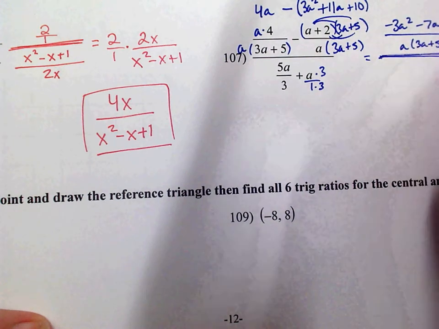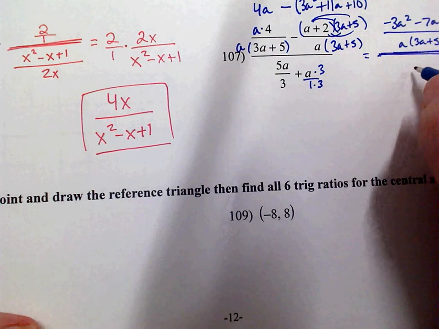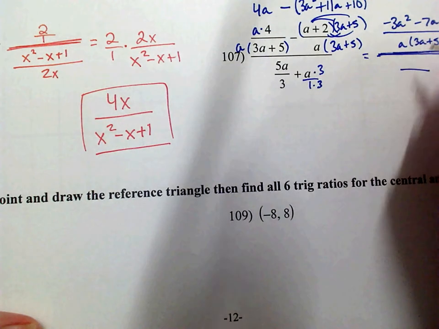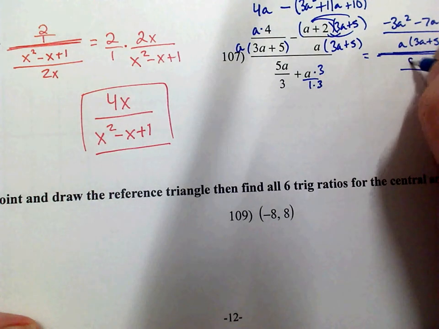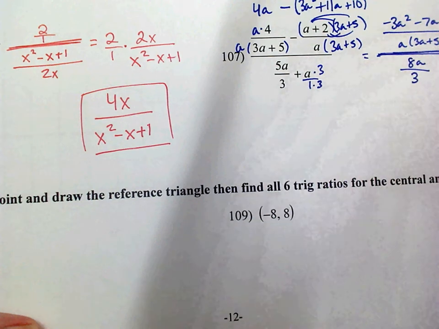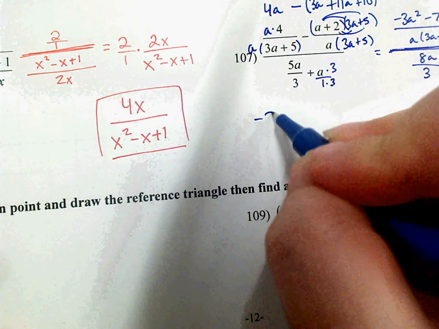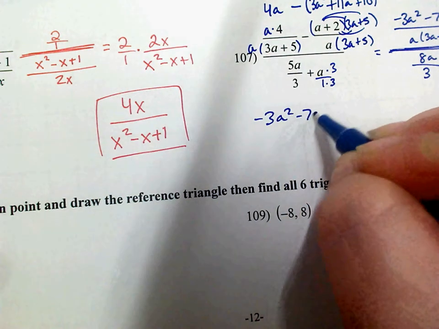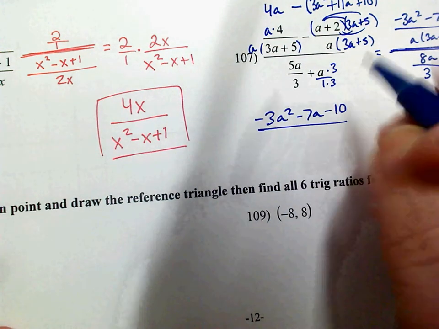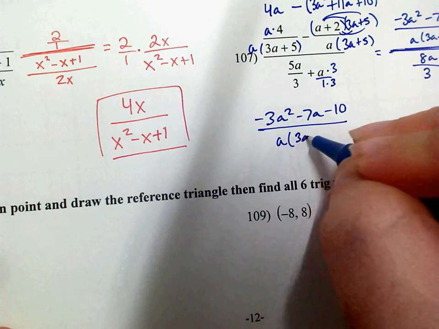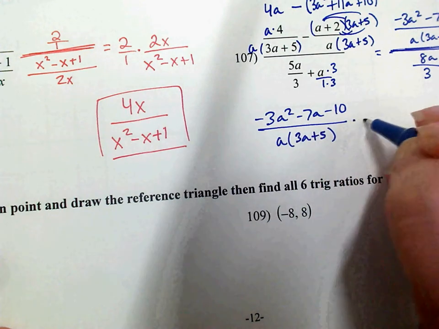Divided by 5a plus 3a, which is 8a over 3. Okay, so I've got negative 3a squared minus 7a minus 10 over a times 3a plus 5 times, flip this fraction, 3 over 8a.